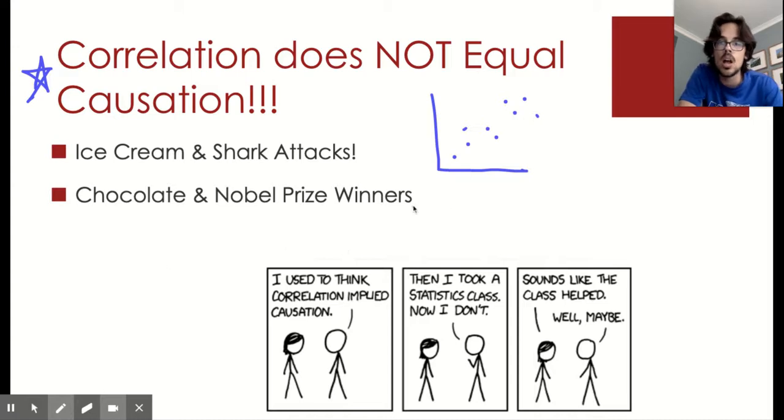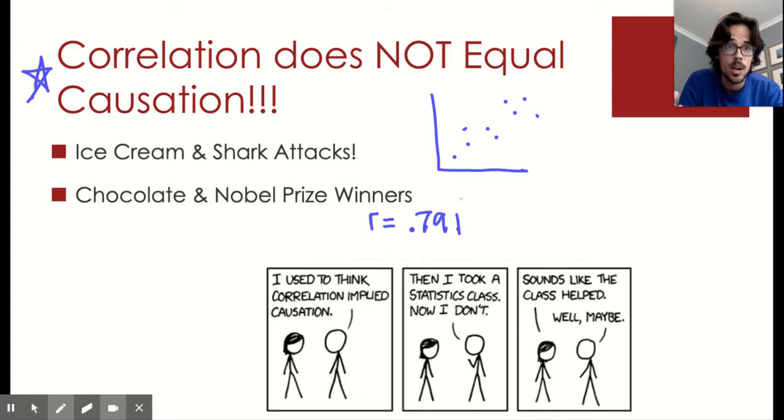Another example, if you look at the amount of chocolate consumed by citizens in a country versus the rate of Nobel Prize winners that country has, the correlation between that, if you actually look at that data set, is apparently a 0.791, which is really high for real life data. More chocolate obviously doesn't cause there to be more Nobel Prize winners.